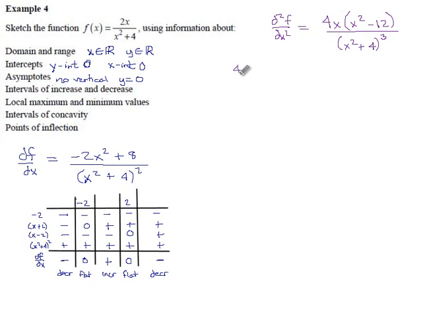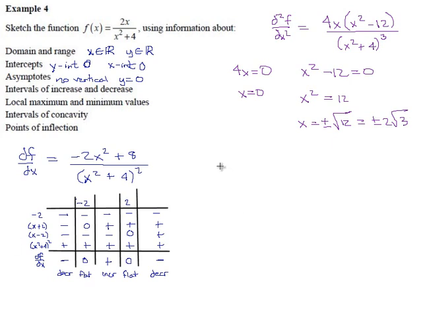It's 0 if 4x equals 0, which would mean if x equals 0. It's also 0 if x squared minus 12 equals 0, which would mean x squared is 12, which would mean x is plus or minus root 12, which cleans up to plus or minus 2 root 3. So, 3 critical values we have to look into.